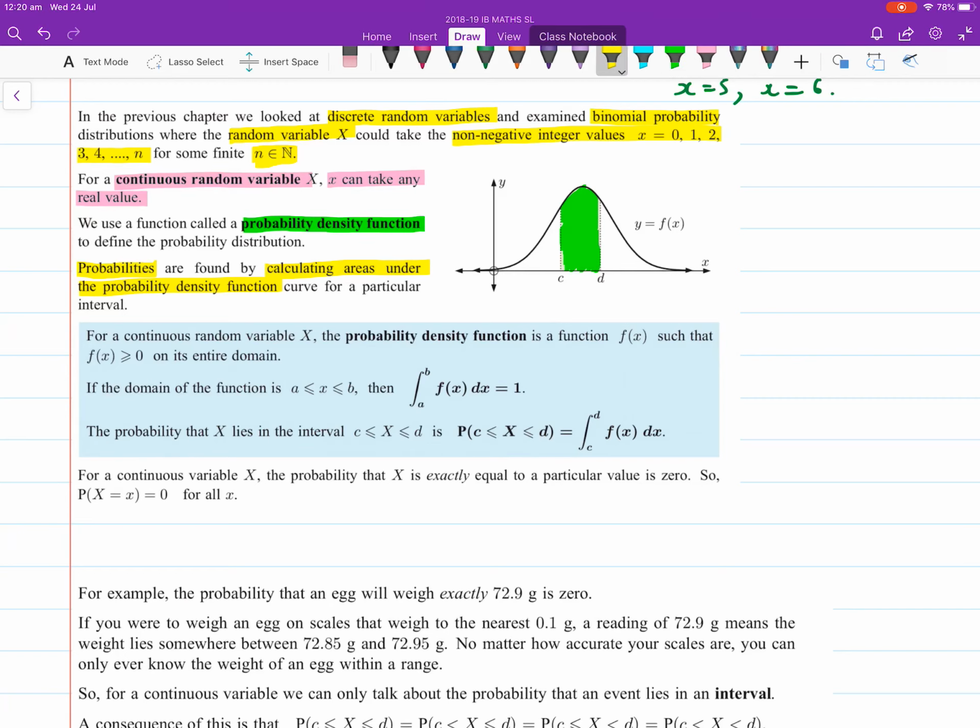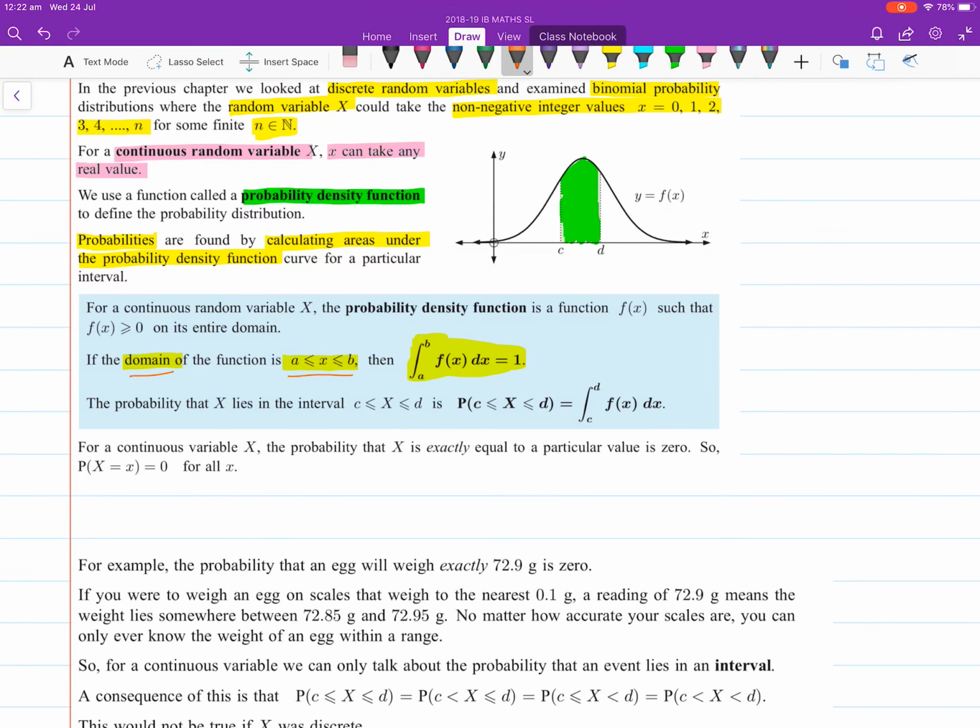So let's say your domain is this: X has to be greater than or equal to A and less than or equal to B. We would say the integral of the function between A and B is equal to 1, because in this case we're setting the whole domain of the function as between A and B. So the probability of everything should end up as 1 at the end. It's a total of all the probabilities. It should always be 100%, right? It should add up to 1.